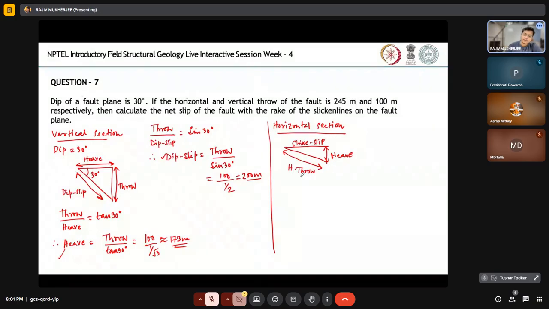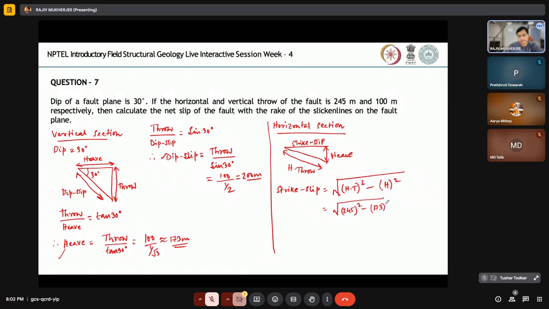Right? So the strike slip can be calculated from the Pythagorean relation, which is horizontal throw square minus heave square, which is 245 square minus 173 square, which is nearly about again 173 meters.